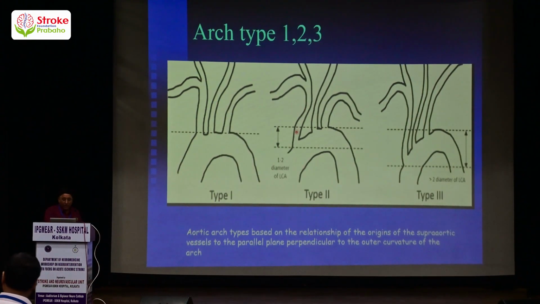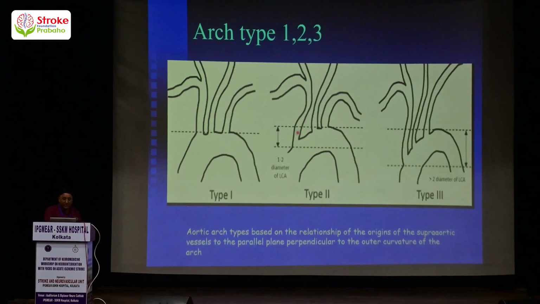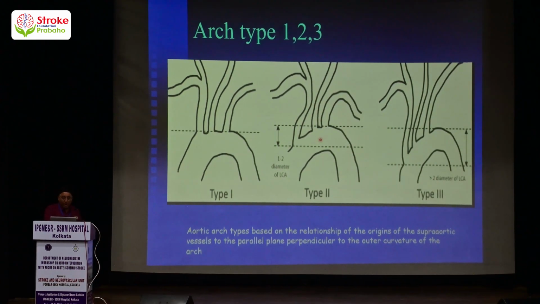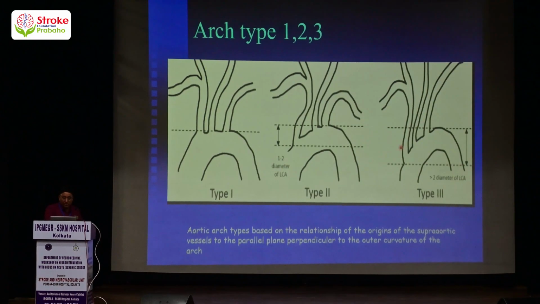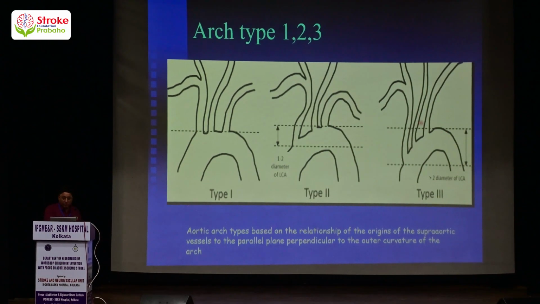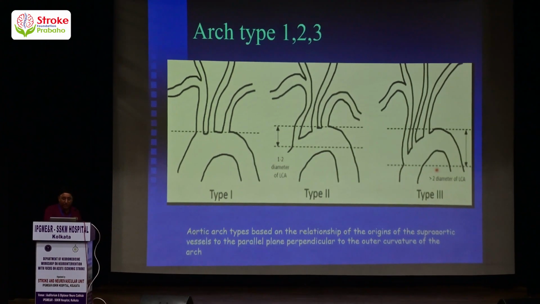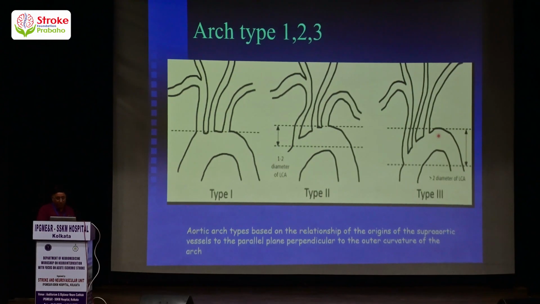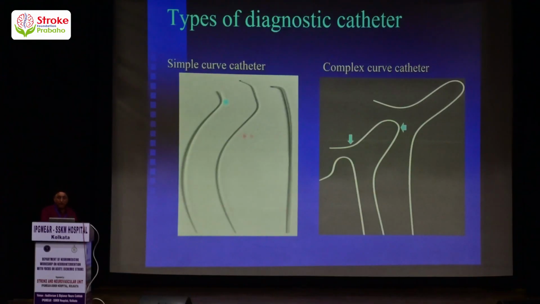If the supraortic vessels or the innominate artery is arising below the upper line and below the lower line, we call it type 2 arch. And if all the supraortic vessels are arising between the superior line and inferior line, then we call it type 3 aortic arch.